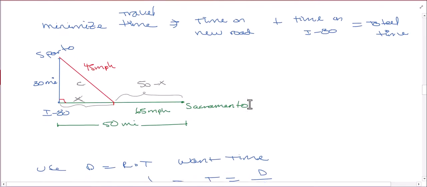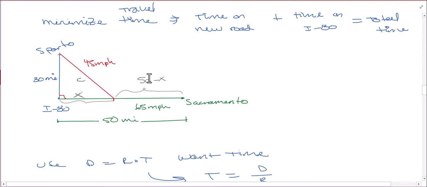So this is where the picture is going to come in. I can't really do anything with the 50 minus X here to write it in terms of C. So we're going to write C in terms of X, because C happens to be the hypotenuse of this right triangle. So I can use the Pythagorean theorem here.